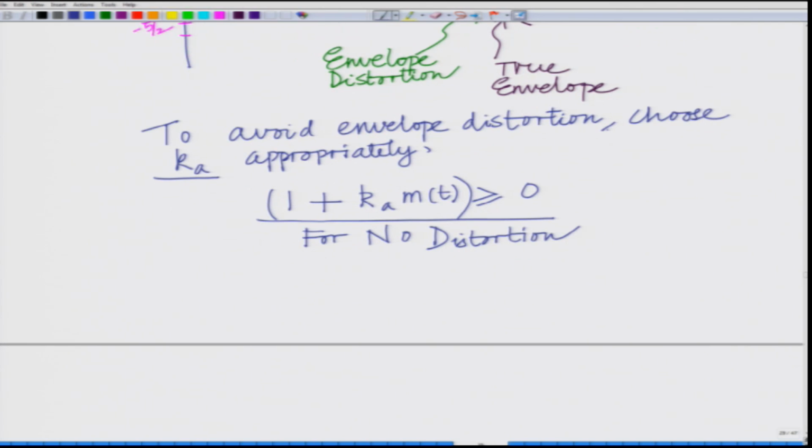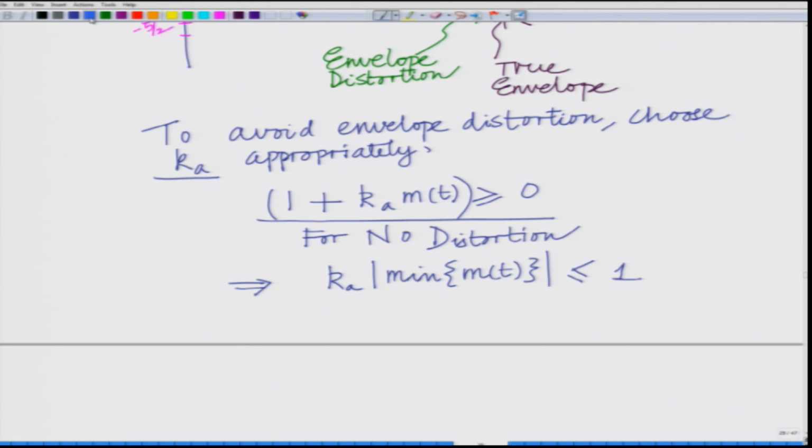Which means, and this implies that Ka times the magnitude of the minimum of Mt, that is, when Mt goes negative, Ka times the magnitude of this minimum must be less than or equal to 1.